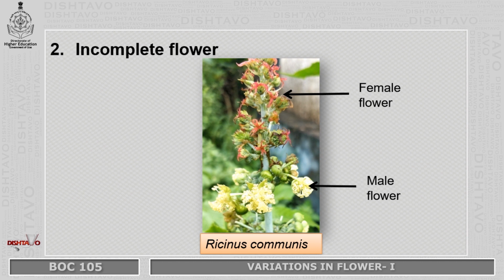The second type of flower is incomplete flower. In incomplete flower, out of 4 floral whorls, 1 or more floral whorls are absent. For example, male flower of Ricinus communis doesn't have the gynoecium. Similarly, the female flower of Ricinus communis doesn't have the androecium.